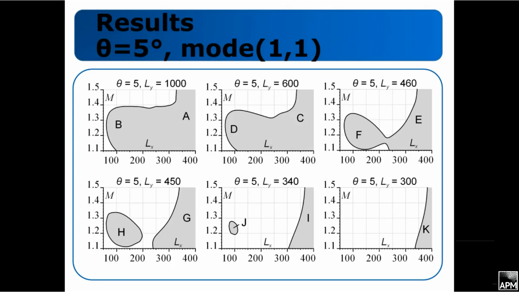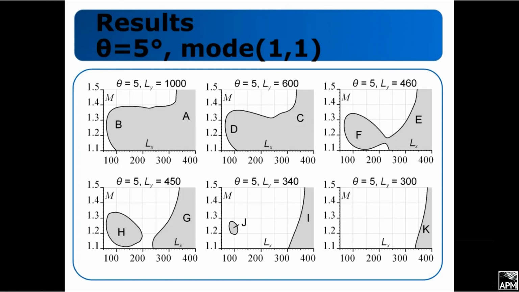These figures show results at different non-dimensional widths of the plate, Ly, and in these figures the Mach number is plotted on the vertical axis and the non-dimensional length of the plate on the horizontal axis. Solid lines denote the panel flutter boundaries, and the region shaded with gray is a region of instability.